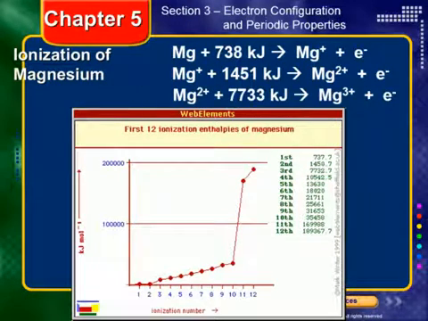If we want to remove a third electron, that would result in a magnesium +3, it is possible. It is a thing that you can do. However, notice this huge, steep jump in ionization energy. Notice, with our first ionization energy, 738 kilojoules, we're doubling that for the second ionization energy, 1,451.